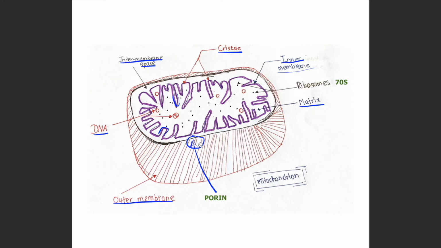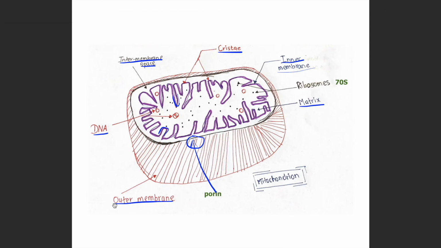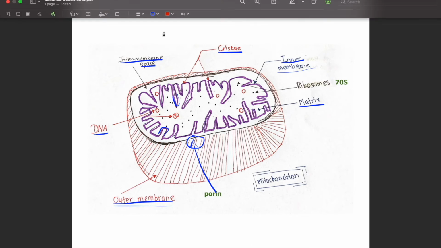It allows water-soluble molecules to get into the intermembranous space. But what you should know is, even though water-soluble molecules are allowed to go in through the outer membrane, the inner membrane is far more selective than the outer membrane.